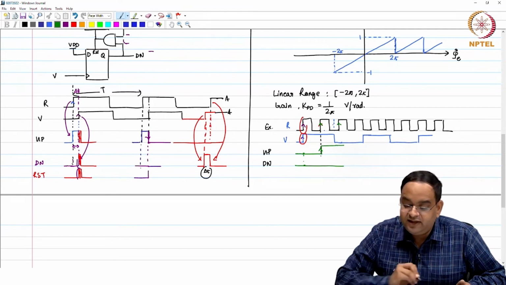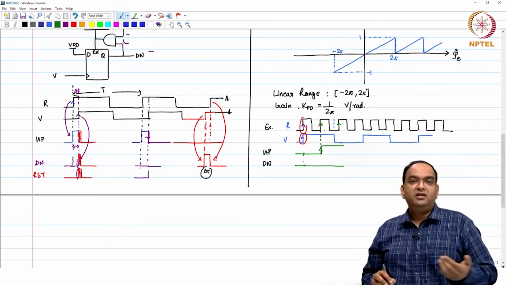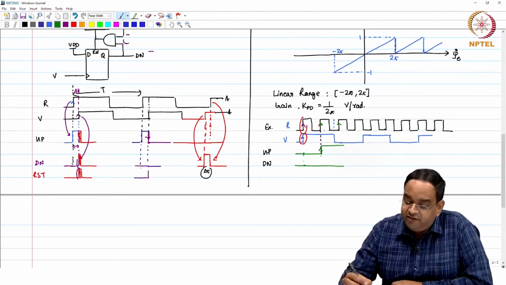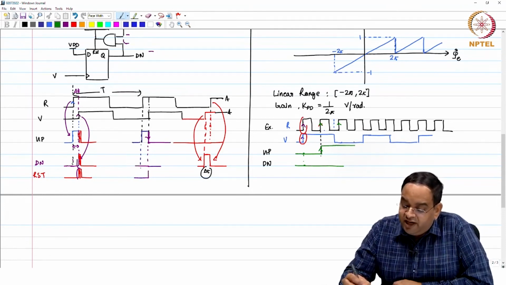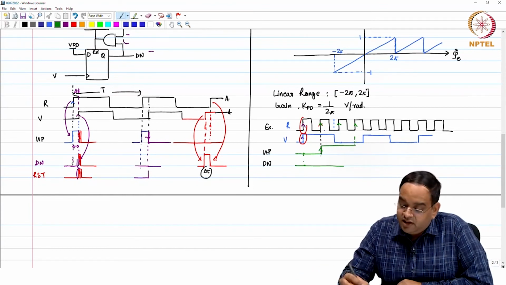Then you get another rising edge on R. Well, even if you get another rising edge on R, it does not make any difference. Your up still remains high. You get another rising edge, still remains high, and then you get a rising edge on V. So, when you get the rising edge on V, what happens? Your up will go down.